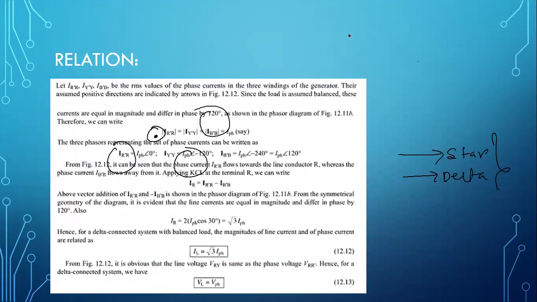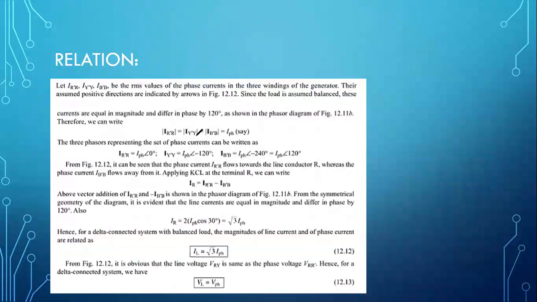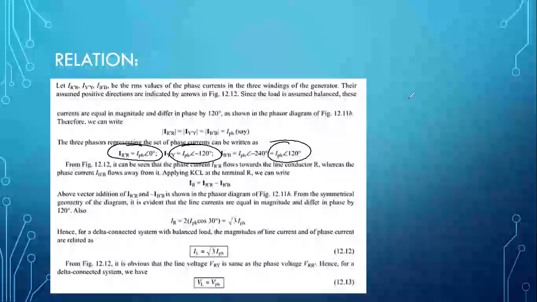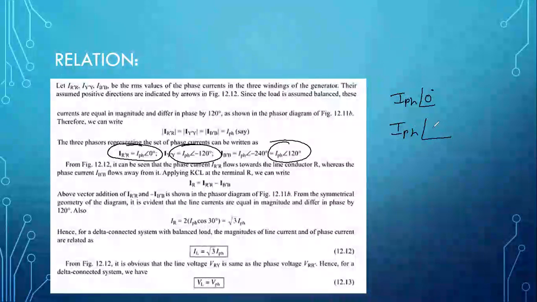When we do this analysis in delta connection, we'll be using KCL. The approach is the same. Suppose for your R phase, Y phase and B phase, you have a 120-degree apart relationship, and minus 120.